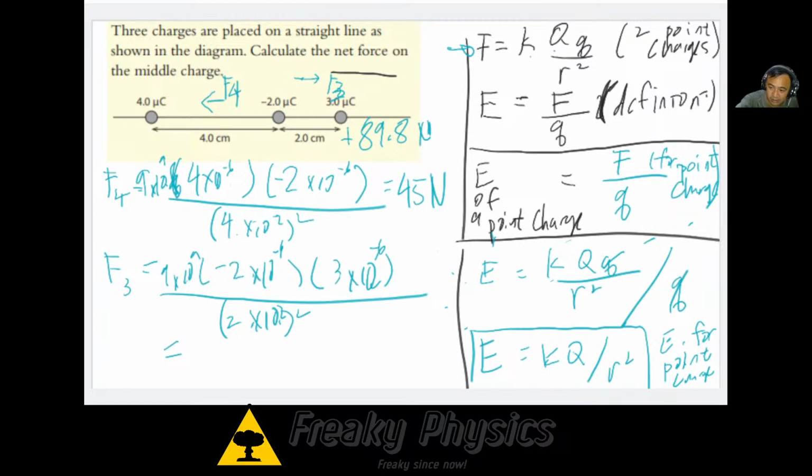9 exponent 9 times negative 2 exponent negative 6 times 3 exponent negative 6, then divide that by 4 exponent negative 4 squared.